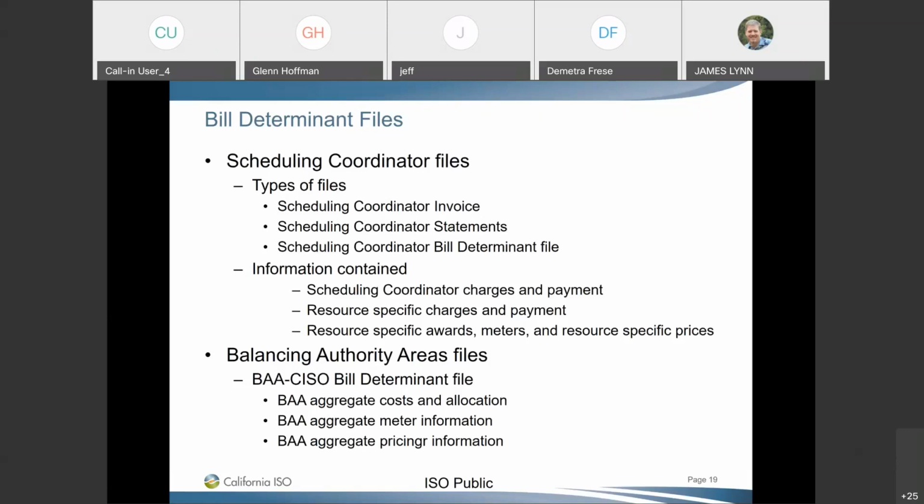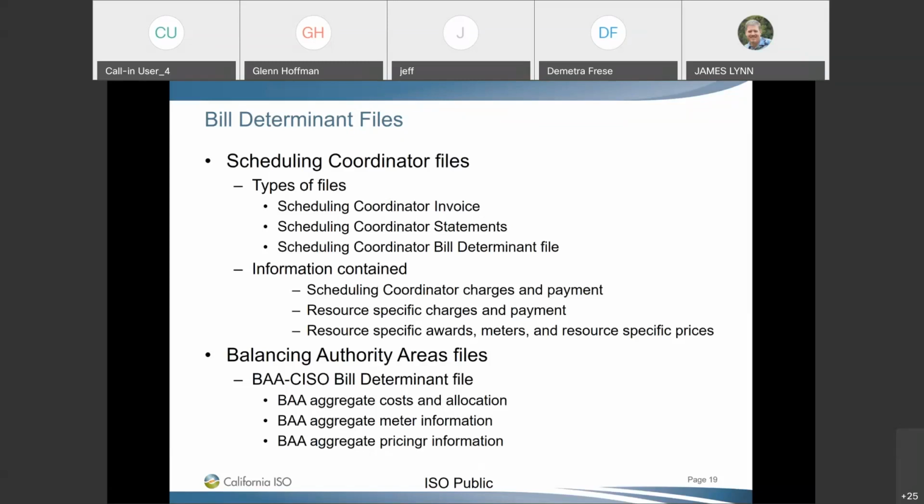So I can only give that resource-specific information to the scheduling coordinator because they are the entity that is participating on behalf of that resource. I can't share that with everybody else. What I can do is, when I roll that information up into a level where it is allocated to or distributed to a group of people, tell you what the total cost is for the entire area, but just not that resource information.